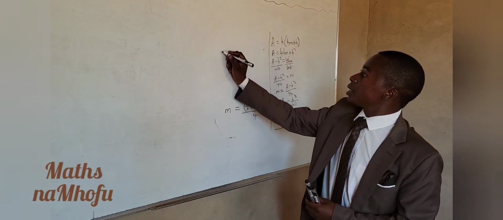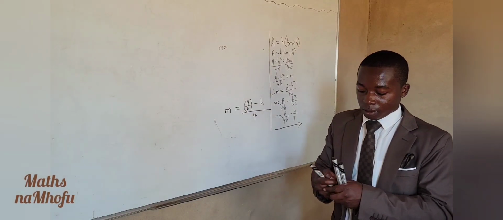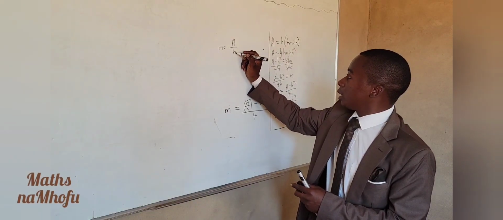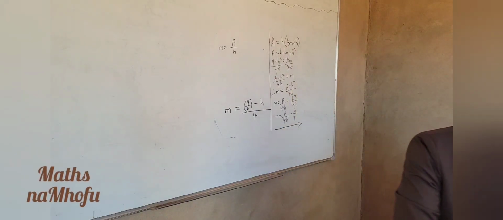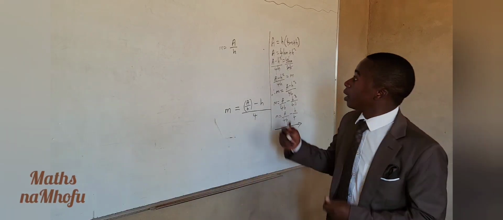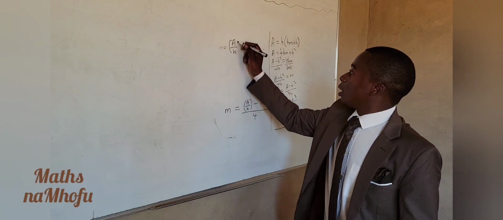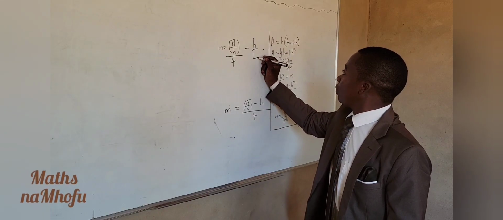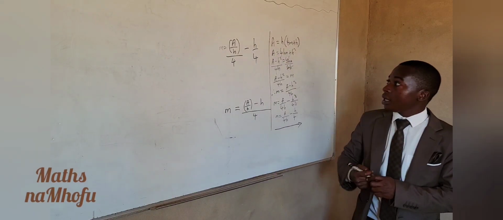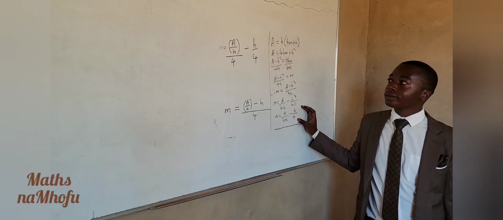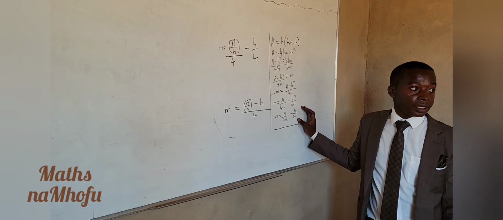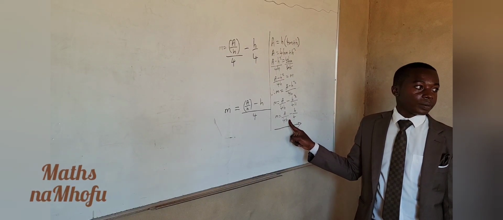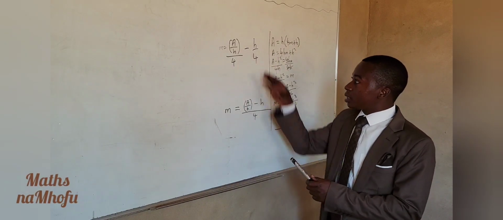So this is the same as M equals A over H over 4 minus H over 4. So you now see this part and that part, they are the same now, right? So we now need to deal with this one for it to look like this. You get what I'm saying? So let's deal with this one.